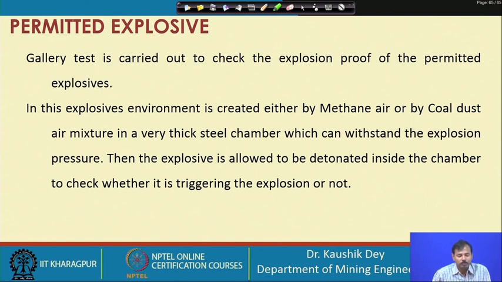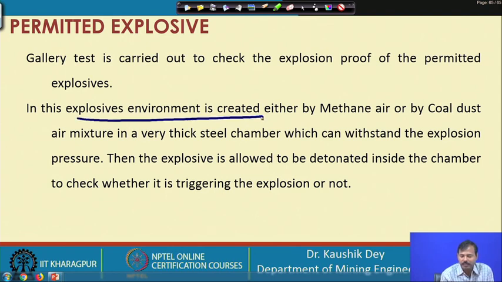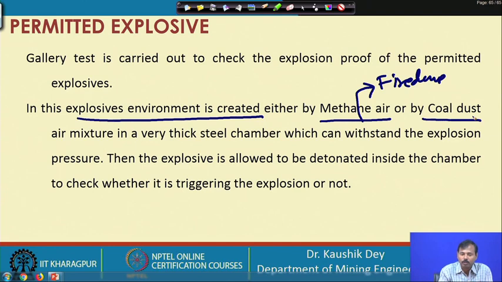The gallery test is carried out to check the explosion proof of the permitted explosive. In this case, an explosive environment is created either by methane air or by coal dust air mixture in a very thick steel chamber. Methane air lets us consider the firedamp explosion, and the coal dust air mixture the coal dust explosion.